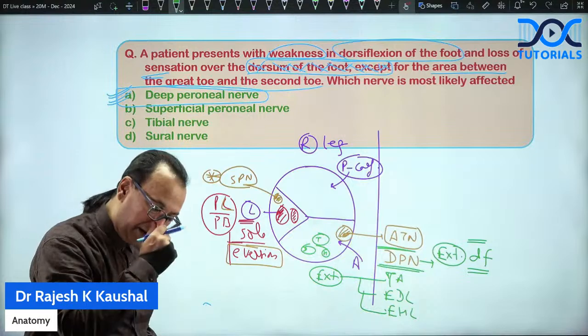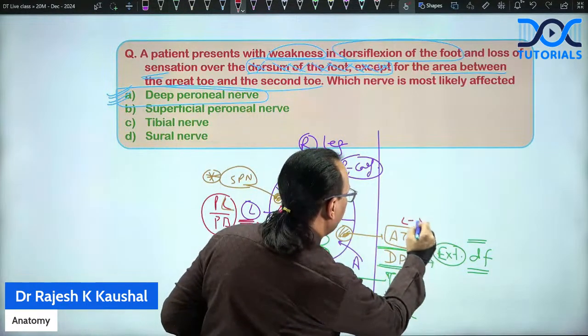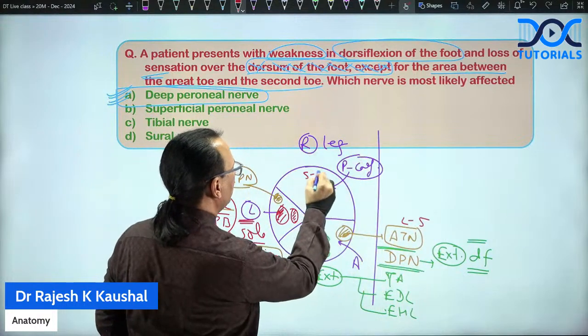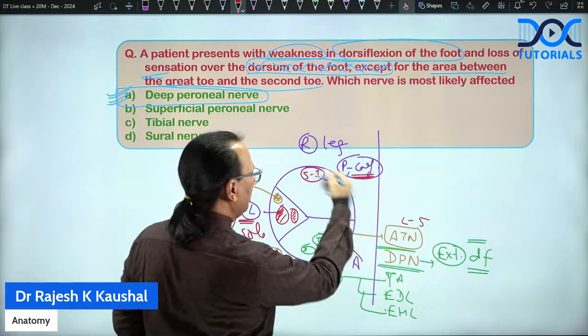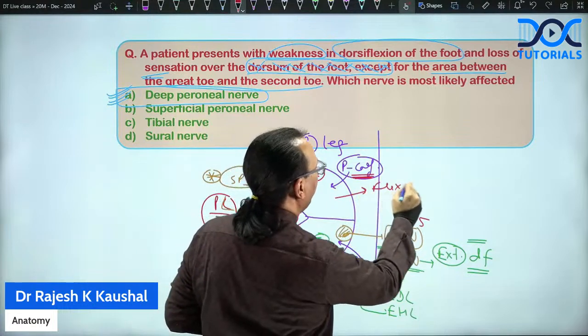Now, on the posterior side you will have the S1 root value, and there will be calf muscles. There are a lot of calf muscles, but you can remember flexor, Tom, Dick, and Harry.